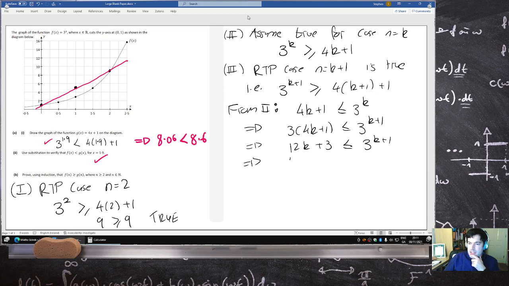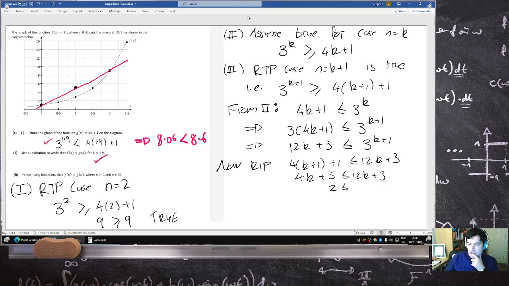So now we require to prove that 4(k plus 1) plus 1 is less than or equal to 12k plus 3, which means 4k plus 5 is less than or equal to 12k plus 3.